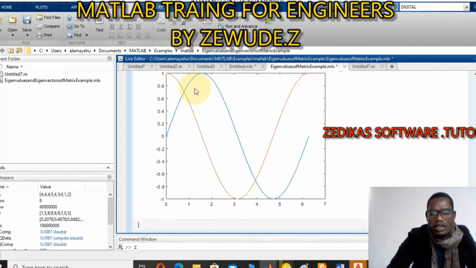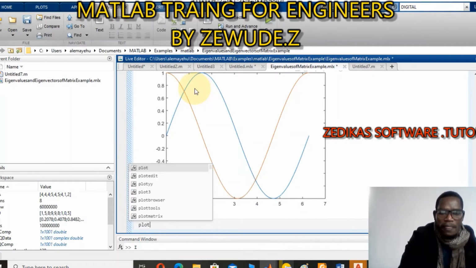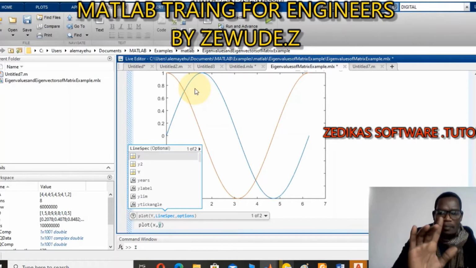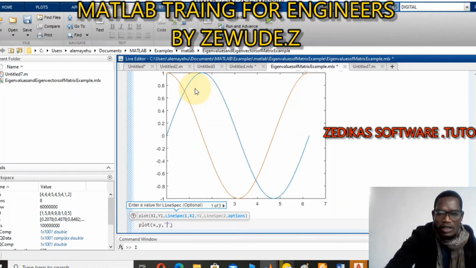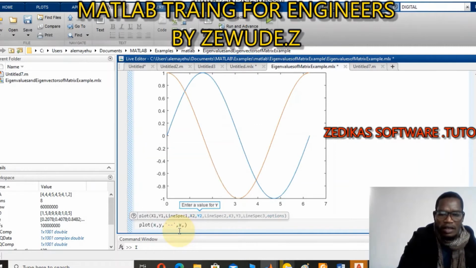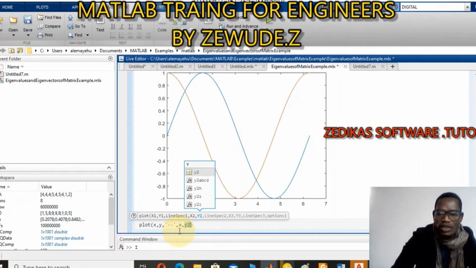So from here, let's enter plot, x comma y, which means the first function. The first graph is in a solid line, and the second function is separated by a comma, x comma y2, because y2 is already known, again a comma, and here a single line style.